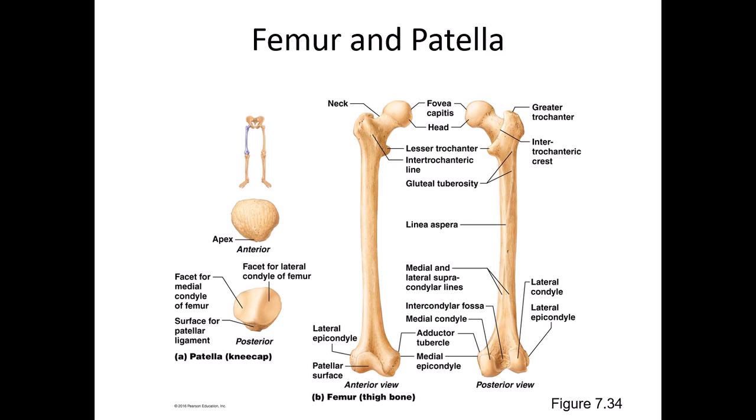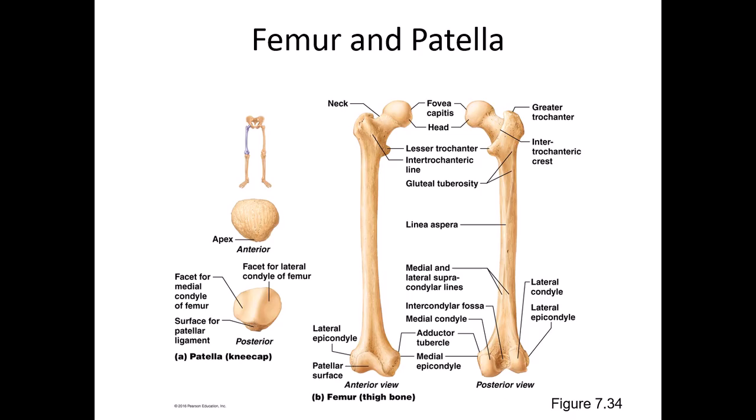The femur articulates, again, with the pelvis proximally, ball and socket joint, and distally with the tibia, making up the knee joint. And the knee joint is called a modified hinge joint. A hinge joint should be uniaxial, only allowing flexion and extension, but the knee actually has a little bit of rotation that occurs when you are fully extended and you need to begin to flex your leg.